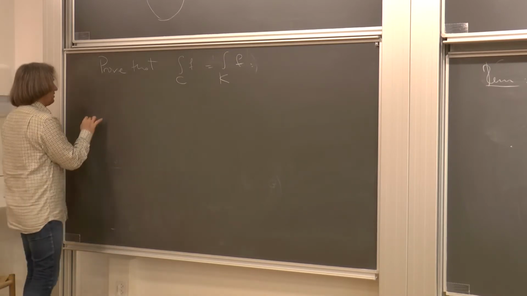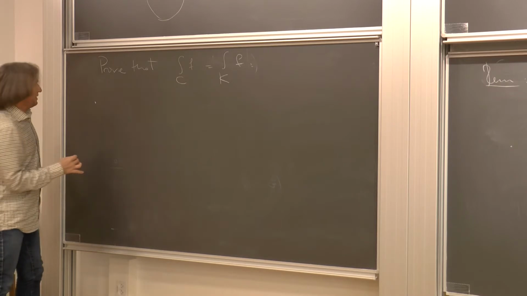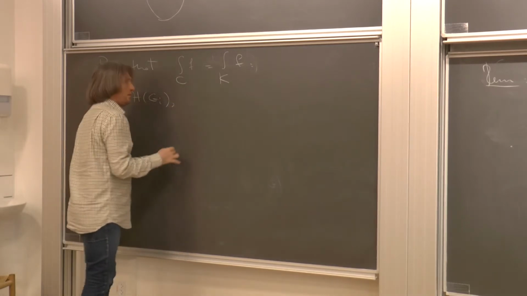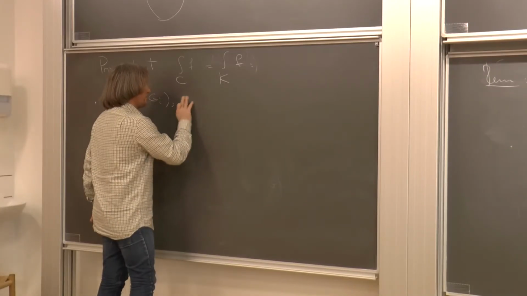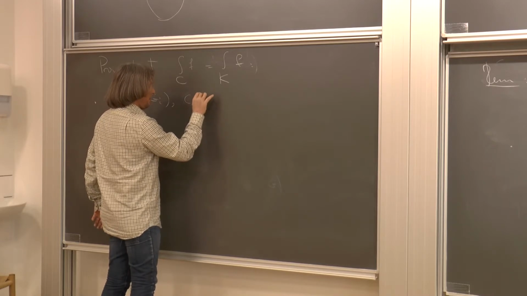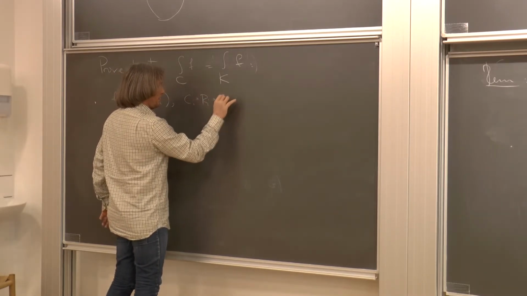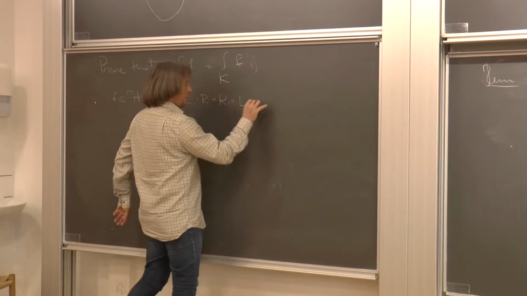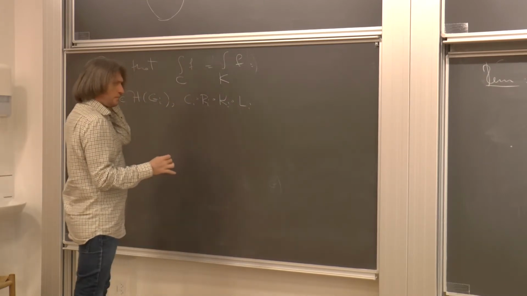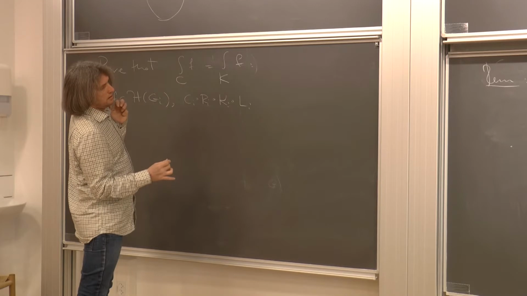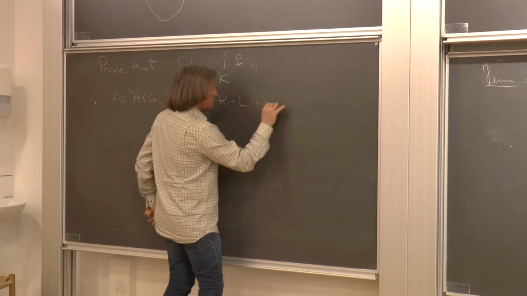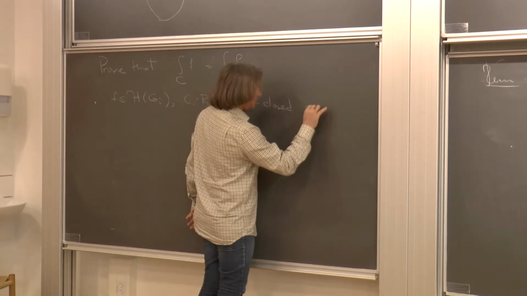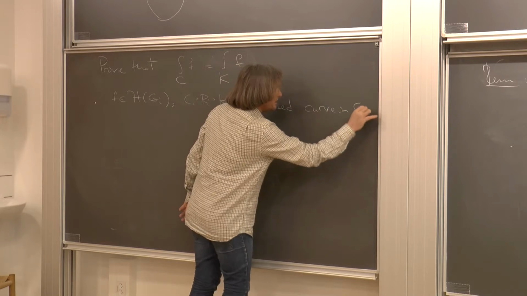First of all, as we noticed, f is holomorphic in Gi. These Ci, Ri, Ki, Li form a closed curve in Gi.